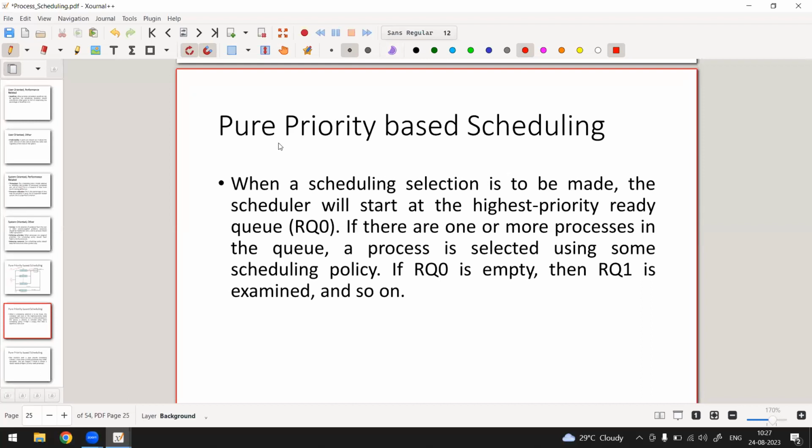You always execute the process from RQ0. If there are no processes in RQ0, then and only then go for RQ1. If there are no processes in RQ1, then and only then go for RQ2 and so on. So this is the pure priority based scheduling.